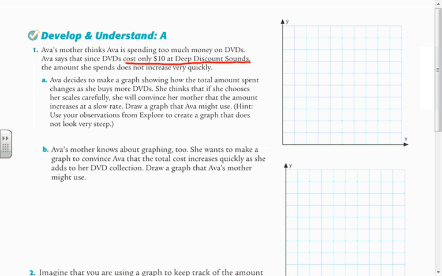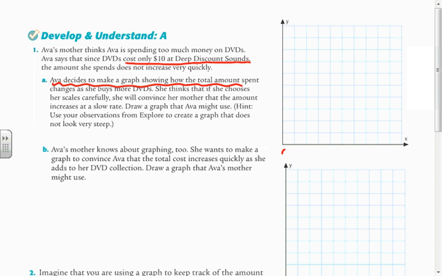Ava decides to make a graph showing how the total money spent changes as she buys. And she thinks if she chooses her scales carefully, she will convince her mother that the amount increases at a slow rate. So we're going to draw a graph that Ava could use to convince her mother. So what we want to do is draw a graph that appears fairly flat, like it doesn't have much slope to it.